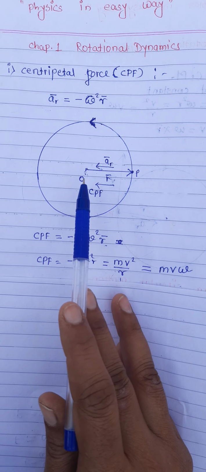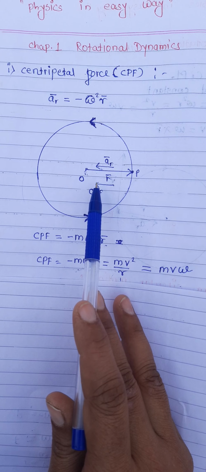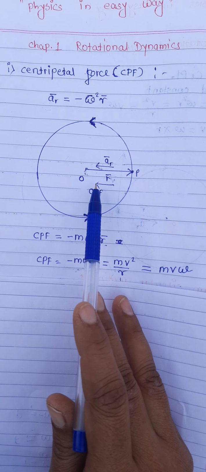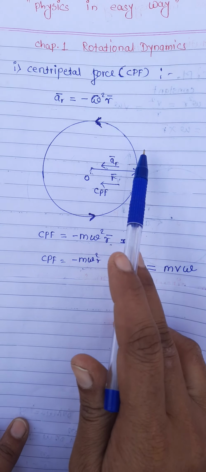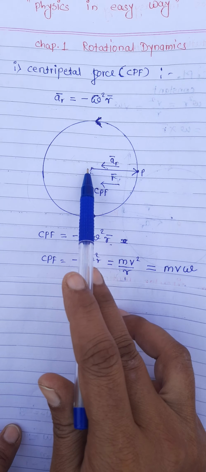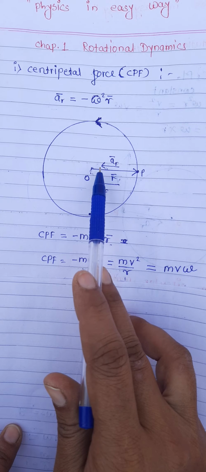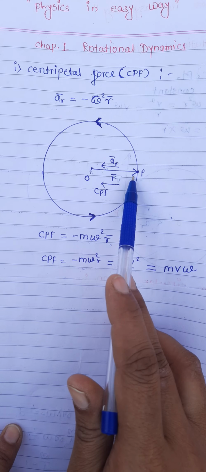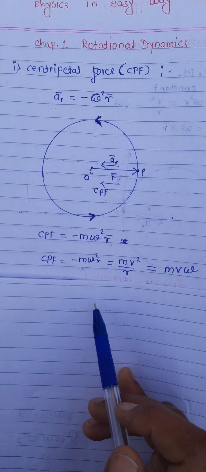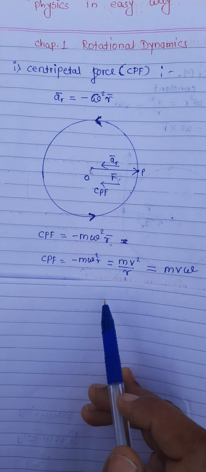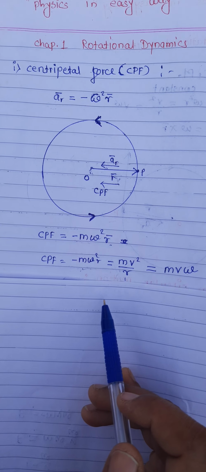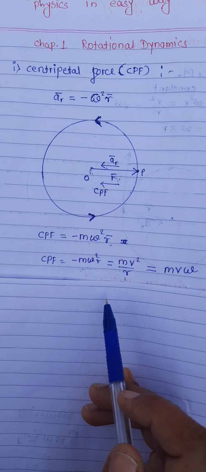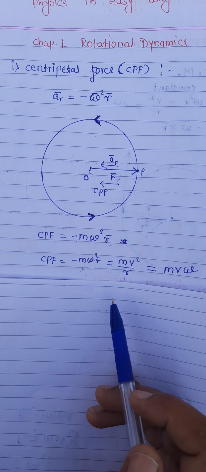This force is directed toward the center of the circle, therefore it is also called a center seeking force. It is directed towards the center of the circle along the radius of the circle. The main point is that in rotational or circular motion, the resultant of all real forces is the centripetal force.